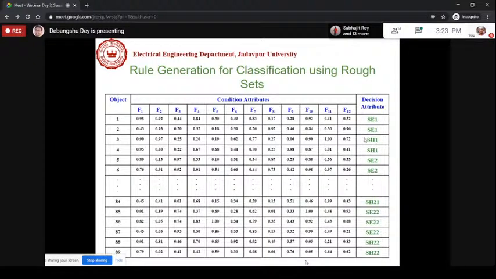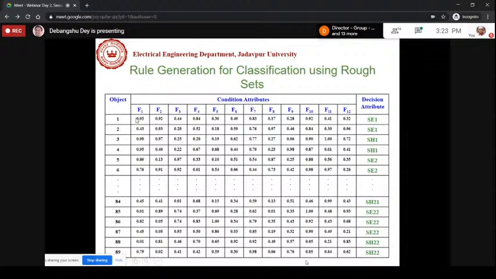So therefore, we have taken the data for the same type of fault, not only once, but more than one time. So that is why the data table that we have got looks like this. That means different cases, and the condition attributes are nothing but the features. So F1, F2, F3 up to F12, they are the features, and these are the decision attribute.